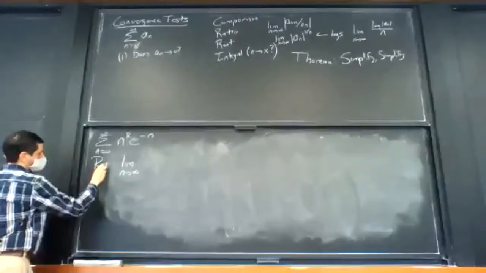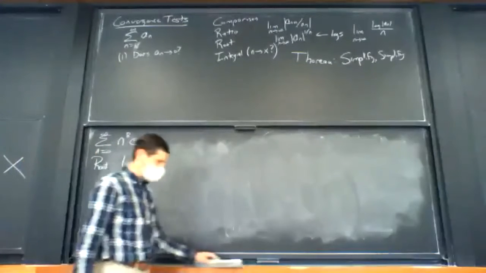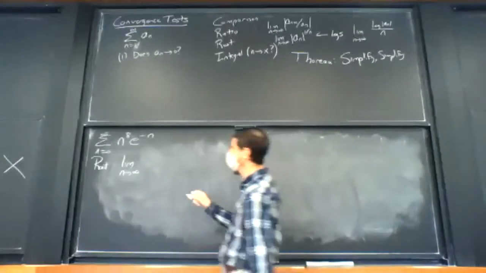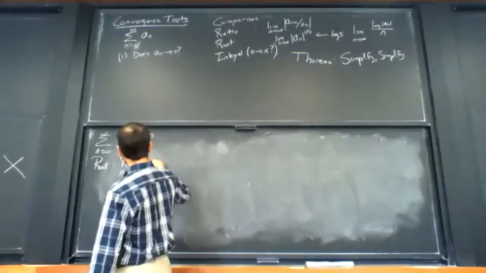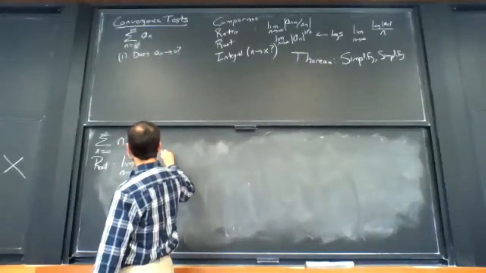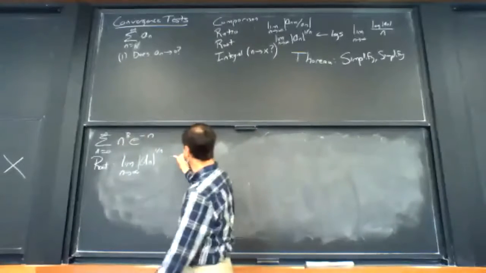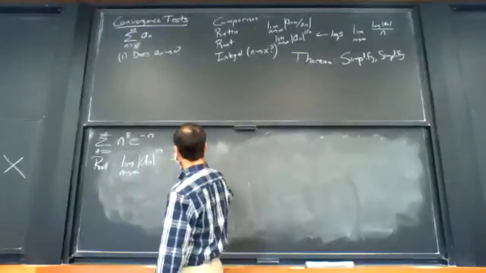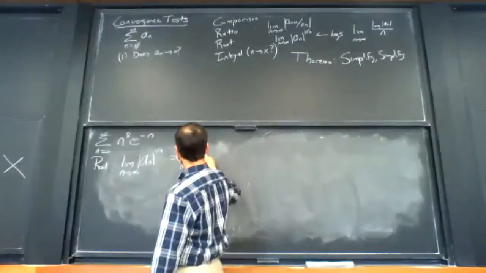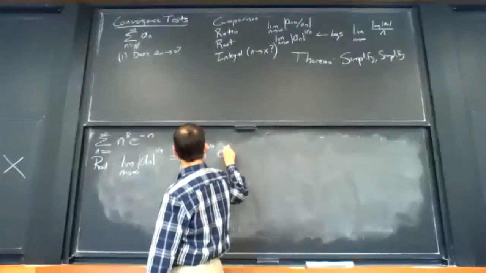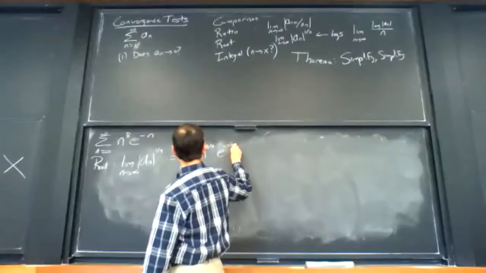All right, so we want to look at the root test. So we want the limit as n goes to infinity of a_n to the 1 over n. This is the same as the limit as n goes to infinity of (n^8 e^(-n))^(1/n).